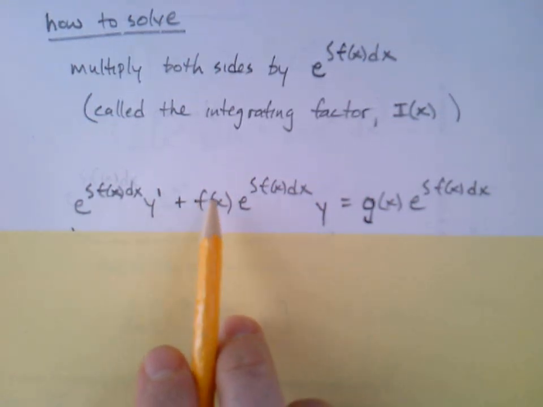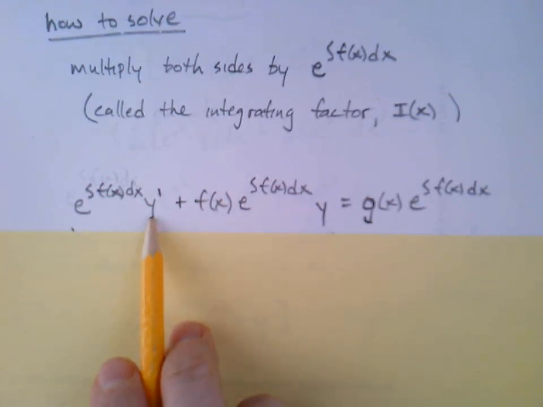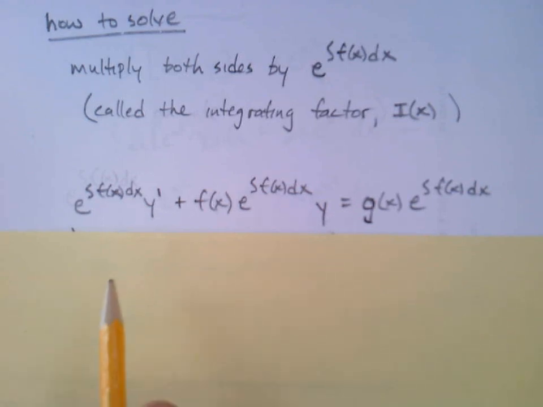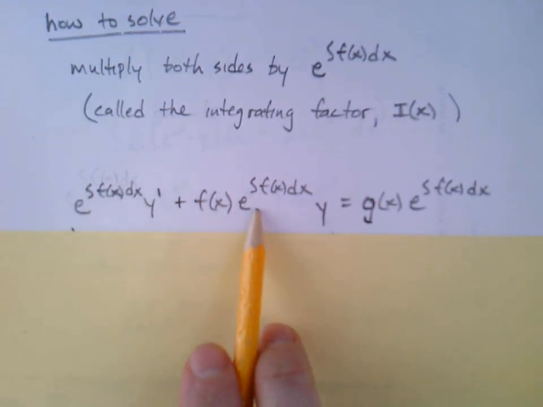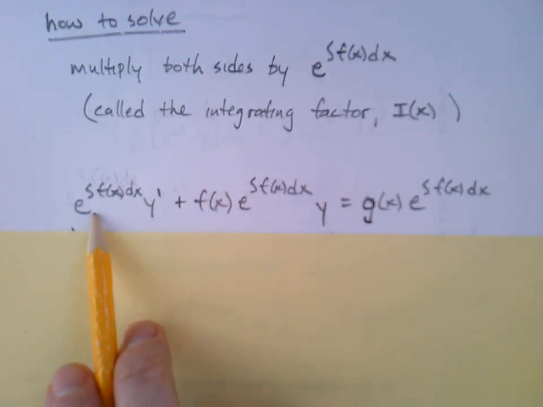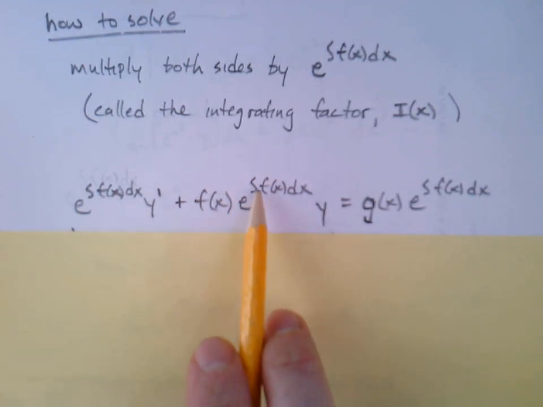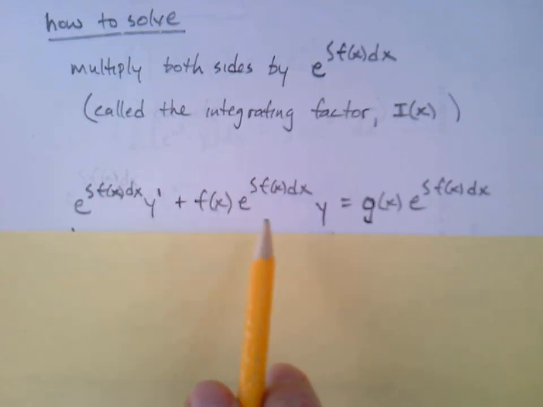Yeah, it's got two terms. It's got y prime here. It's got the original y there. It's got e to the antiderivative f of x dx, and it's got the e to that antiderivative times f of x. The derivative of e to the integral f of x dx is f of x times e to the integral f of x dx. And then we've got the y prime and the y.